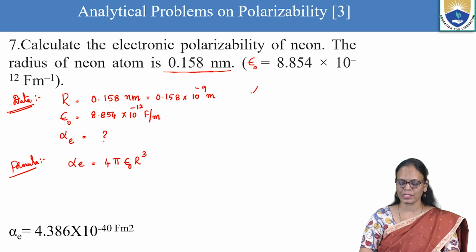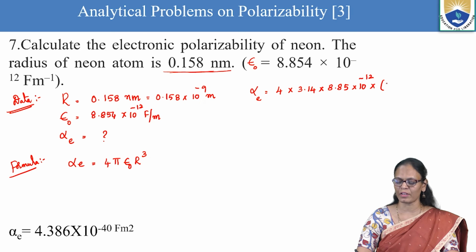So now coming to the substitution, alpha E is equal to 4 into the value of pi, 3.14 into epsilon naught, 8.85 into 10 power minus 12 into r cube. What is the value of r? We have 0.158 into 10 power minus 9 whole cube.